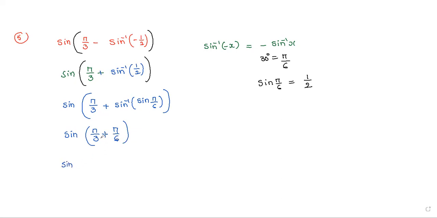Pi by 3 means 60 degree, pi by 6 means 30 degree. Total how much? 90. Pi by 2 means 90. Sin 90 value is 1. Write down.